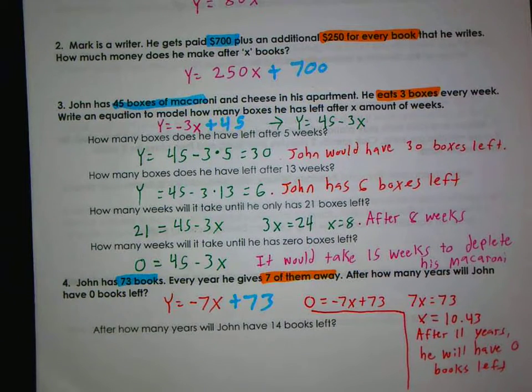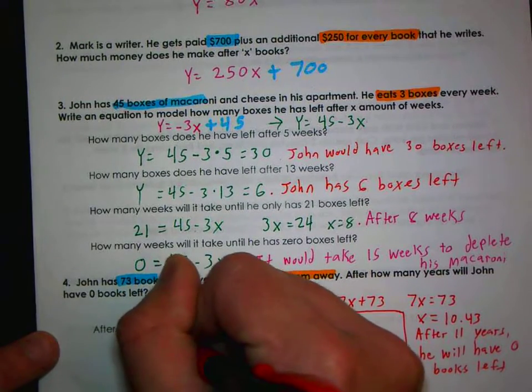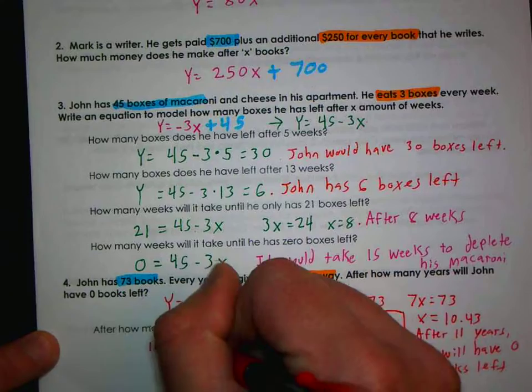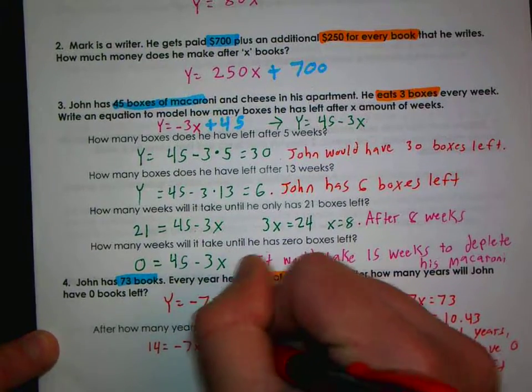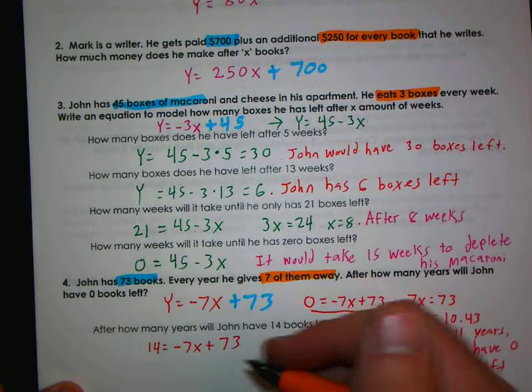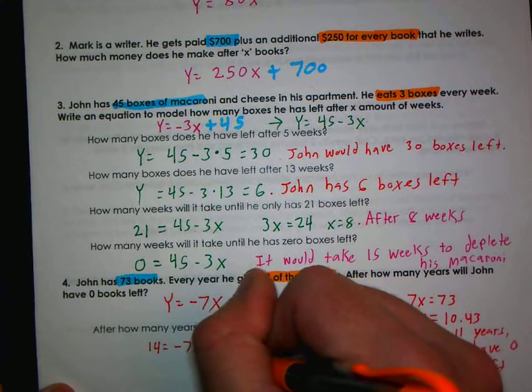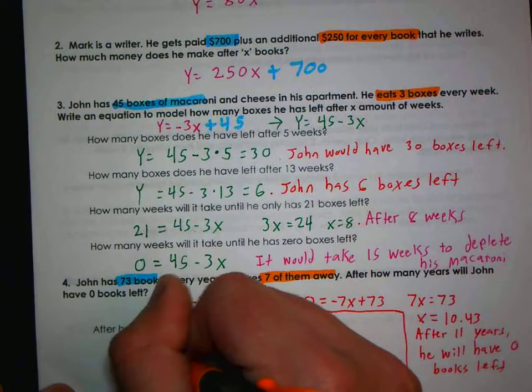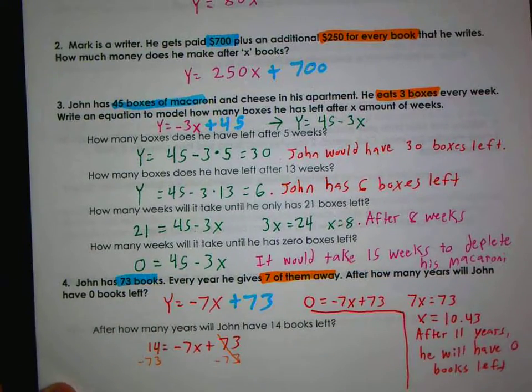After how many years will John have 14 books left? Well, y equals 14 now. Subtract 73. 14 minus 73 is what?